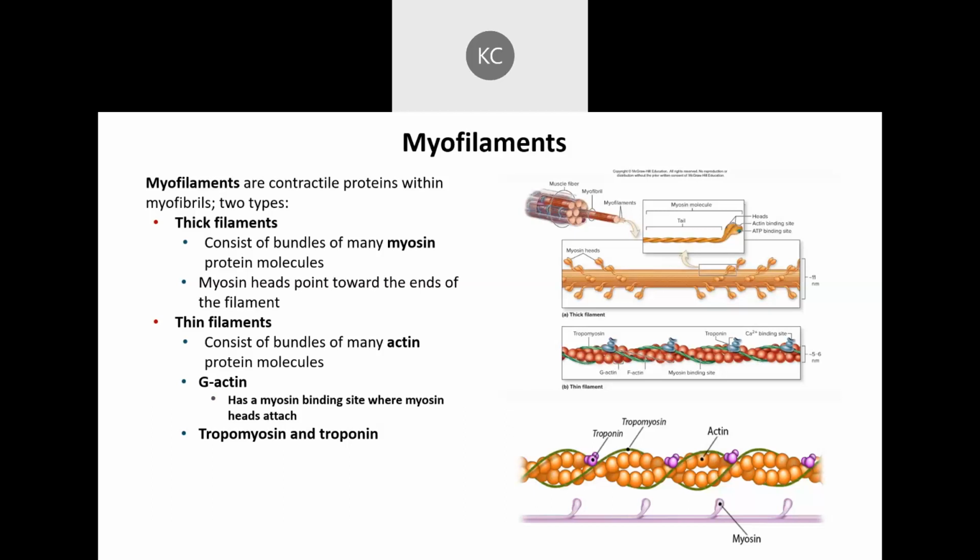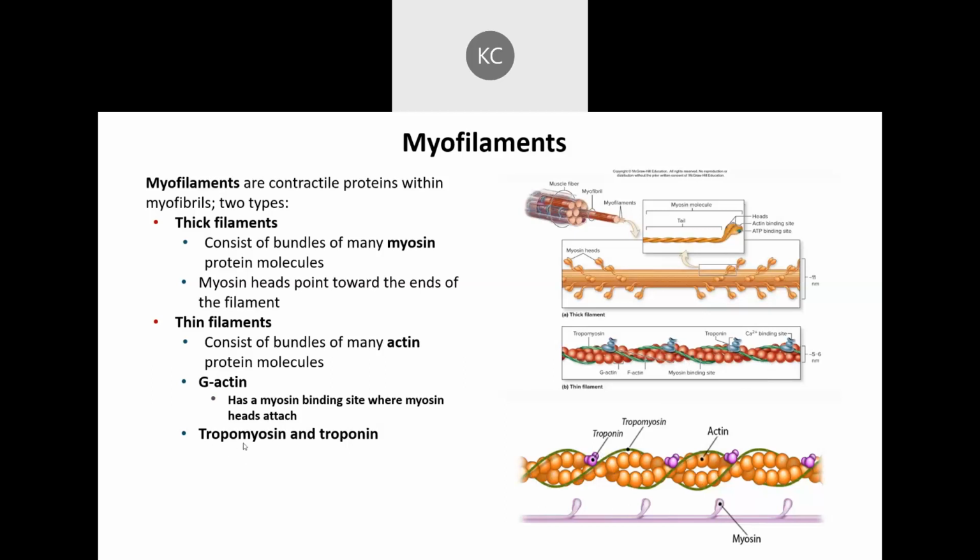So the individual G-actin molecules have a site that is being covered by two other proteins called troponin and tropomyosin, right? So again, if you look at this top image, this odd-shaped blue protein is called troponin, and this green one that's wrapping around is called tropomyosin, right? You can see the same thing down here. This purple one is troponin. This green protein is tropomyosin.